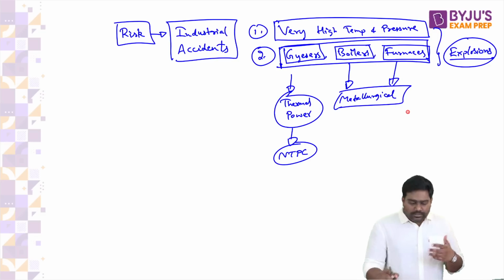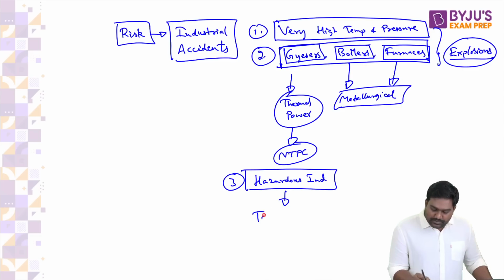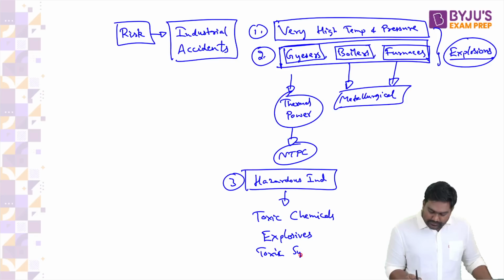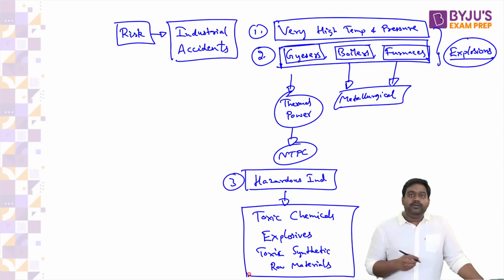All right. Then, in general, hazardous industries, working with hazardous equipment like toxic chemicals, explosives, then toxic and synthetic raw materials, like for example, fertilizer industry, pesticide industry, right?